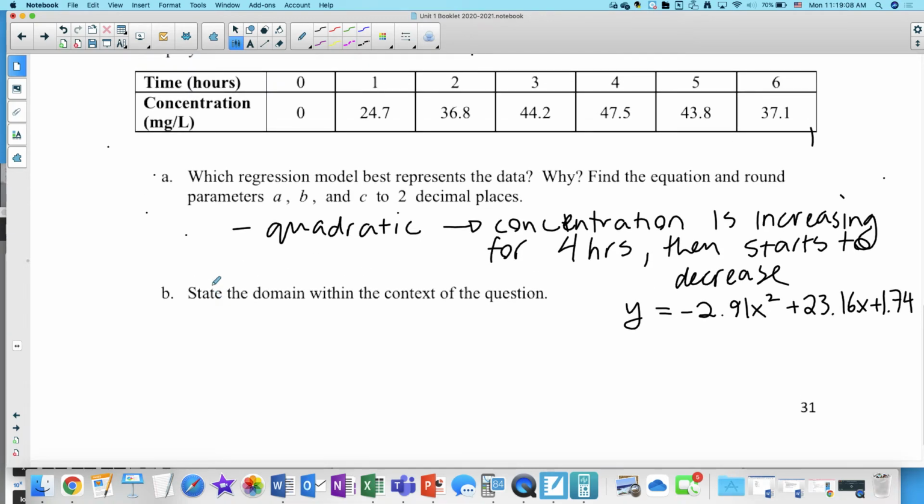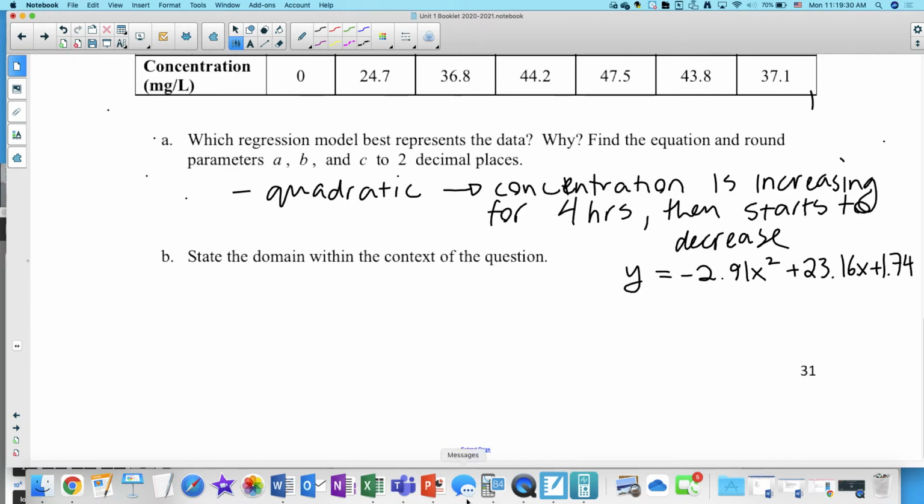So what's actually going to happen is that when time is 0, the amount of medication in the person's blood is 0, and then it goes up, and then it starts going down. Now, we only have up to 6 hours, which is sort of on the downswing, but it'll keep going down until it hits that x-intercept, till the concentration of medication in your blood goes back to 0. So we have to figure that out to determine the domain.